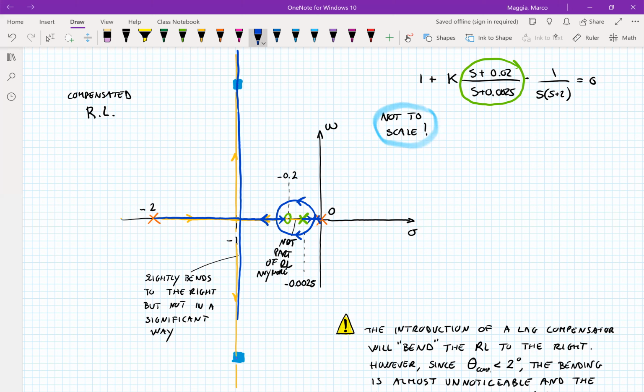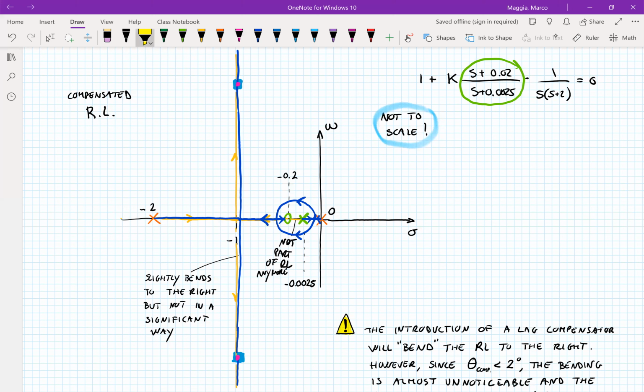And so it's slightly the main branches that depart from the real axis. Well, there's going to be a breakaway point slightly to the right of -1. So it's not exactly at -1, but then the two branches will be very close to the uncompensated ones. So pretty much the new compensated root locus will still pass through the dominant pole. So very, very close. So overall, the root locus hasn't changed much.